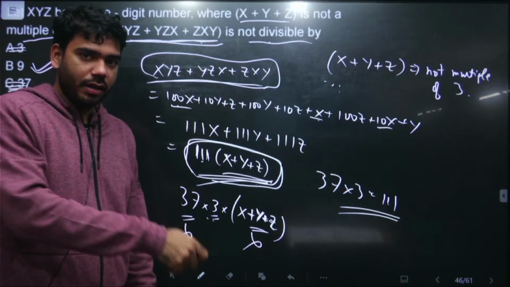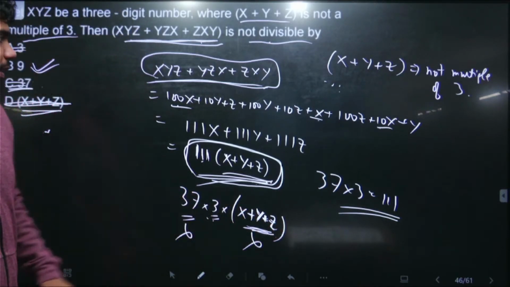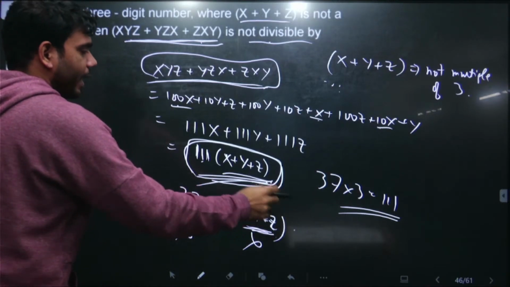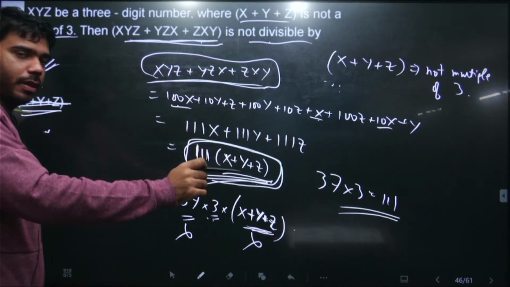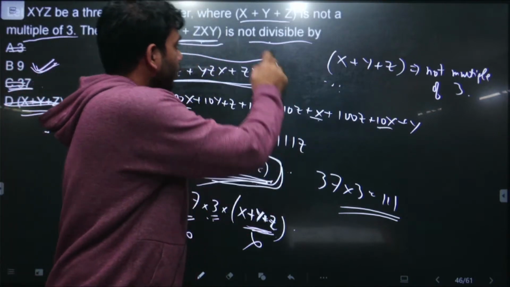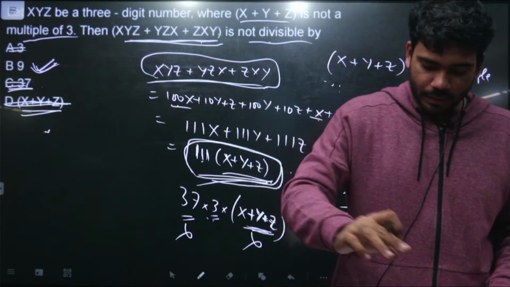So clearly 9 तो इसमें आ ही नहीं सकता क्योंकि for 9 in prime factorization there should be at least power of 2 in 3. So here option number B is correct. This complete number is not divisible by 9.